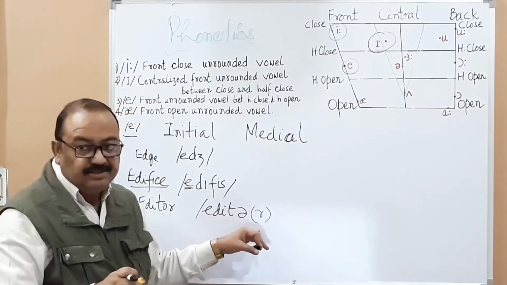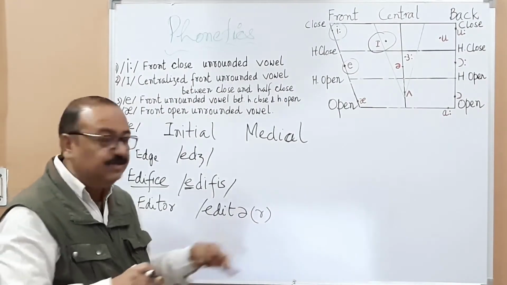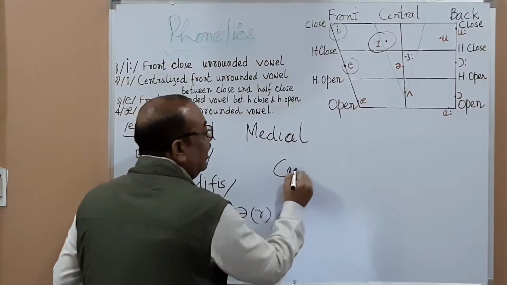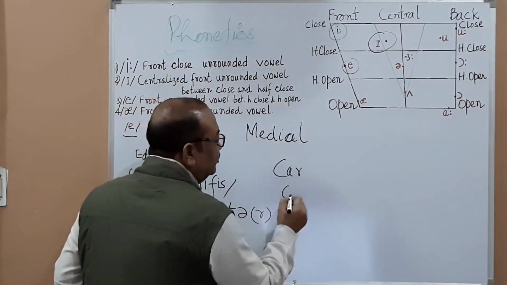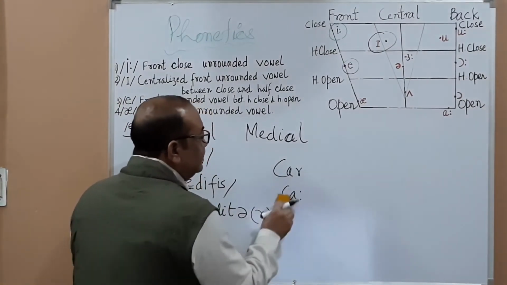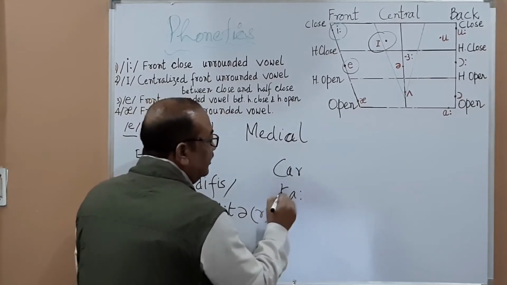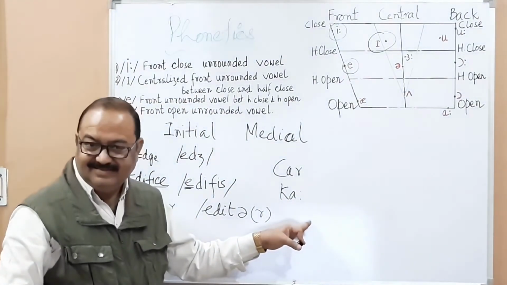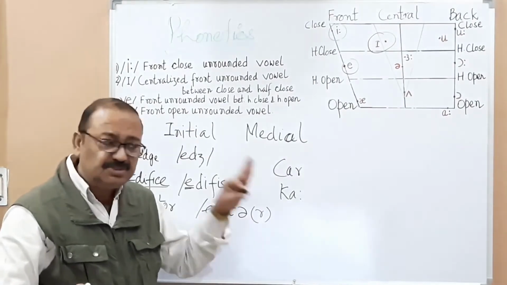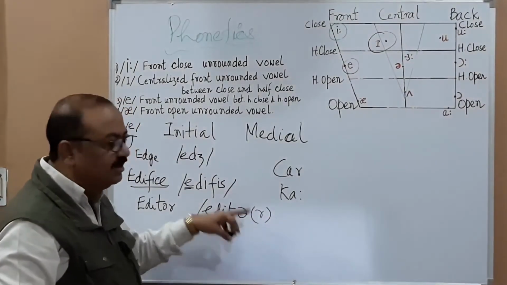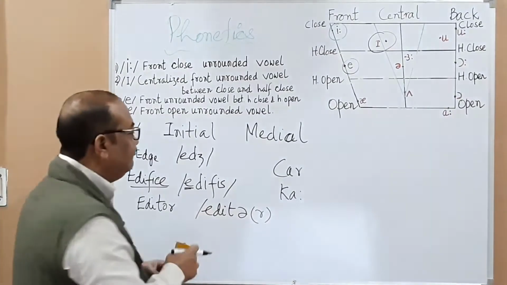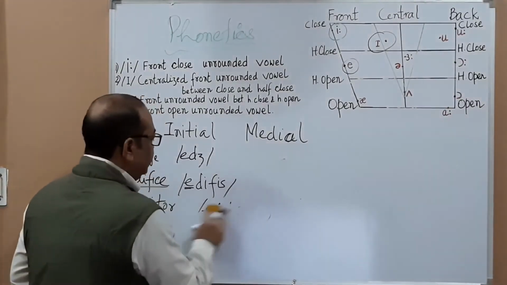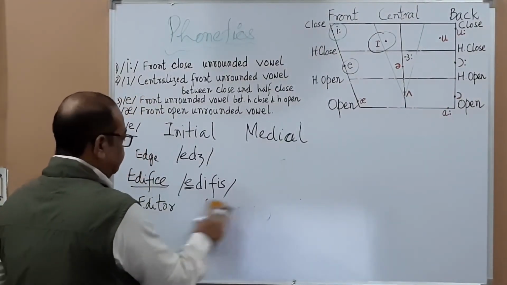Doctor. It's not pronounced. Car. You never say the R, you say car only. Written like this. Where is my car? Remember this. So never pronounce R when it occurs at the final position. So this was editor.